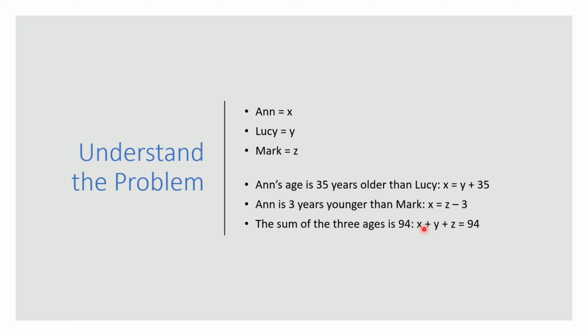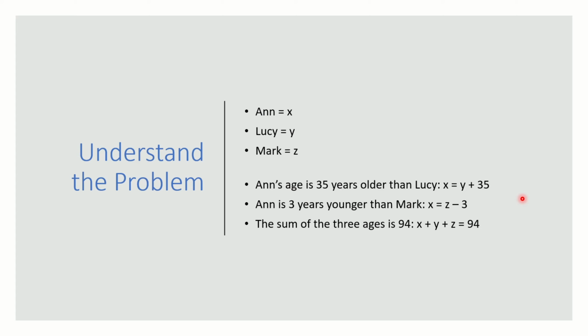Next is Anne is 3 years younger than Mark. So we can translate this statement as x equals z, which is Mark, minus 3, which is their age gap. So we use subtraction because in the problem, Anne is younger than Mark.